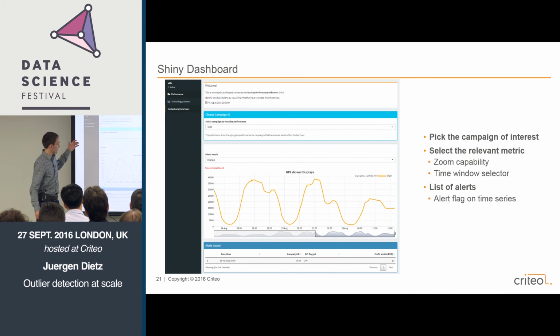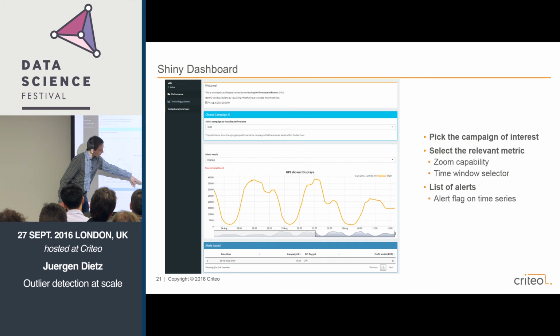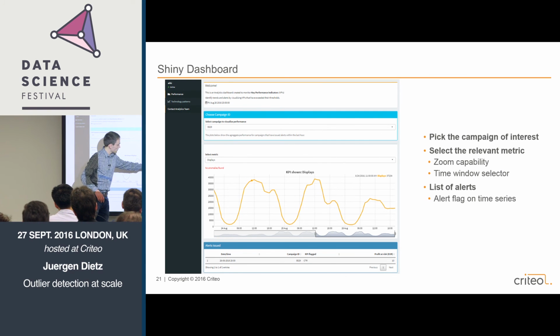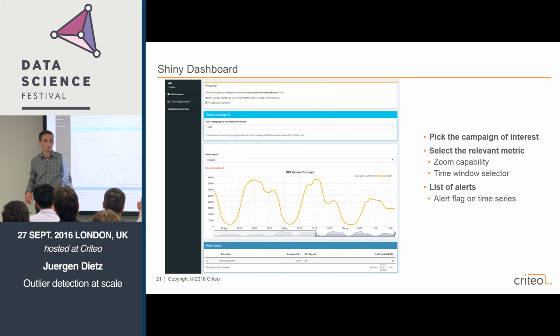You select the KPI that you want to look at, and then you have this very nice visualization where you have a slider that lets you pick a subset of the whole time period that's available, and you have a zoom capability as well. And then down here we have the alerts, and those alerts are also flagged in this KPI plot, right?